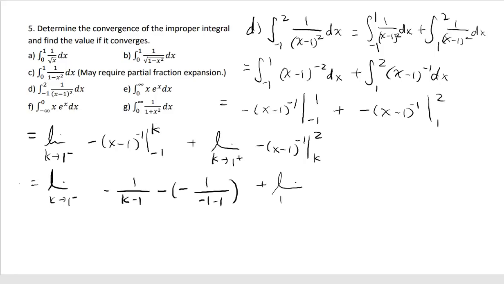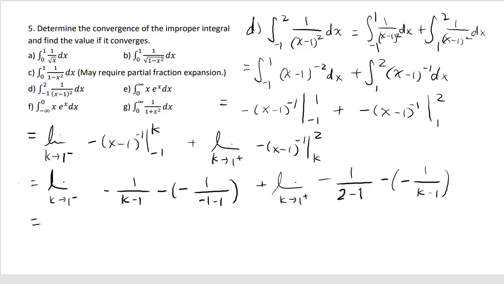The second one has k going to 1 plus, negative 1 over k minus 1, this time you have to plug in 2 first. So we plug in 2, and then 2 minus 1, and then minus negative 1 over k minus 1.